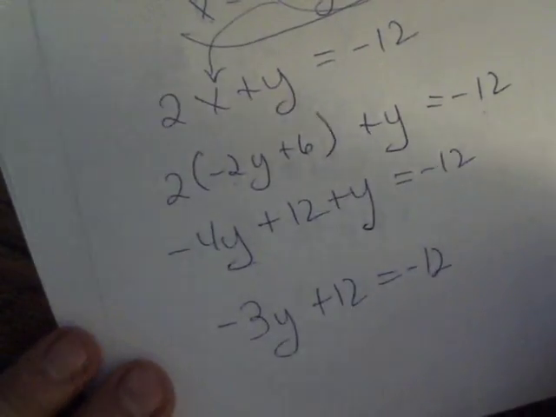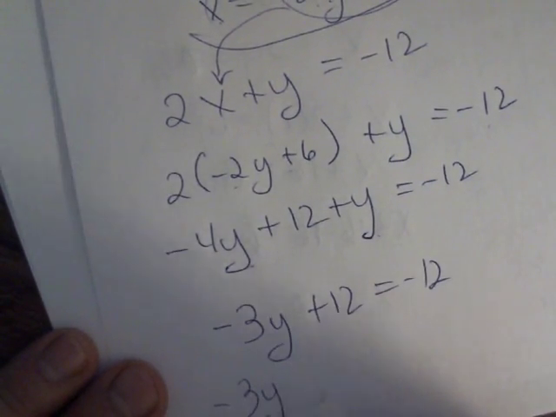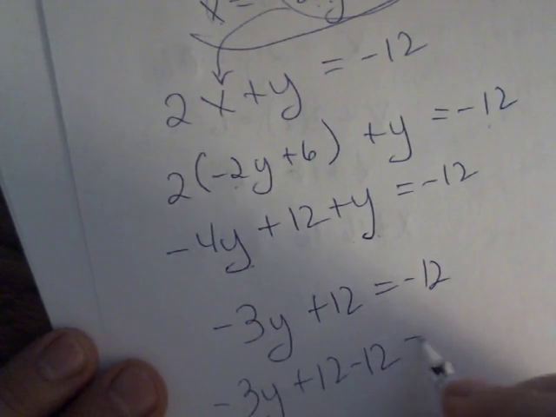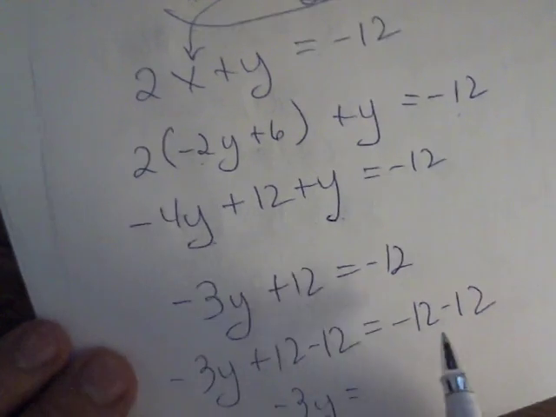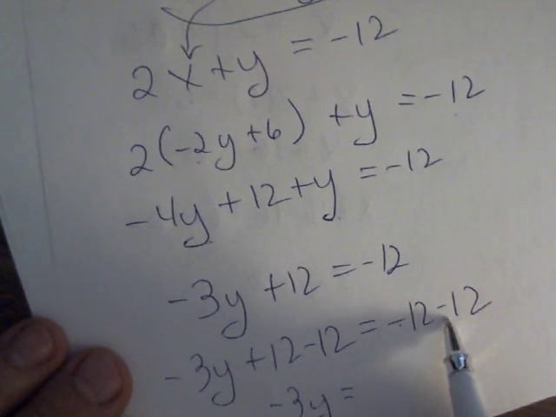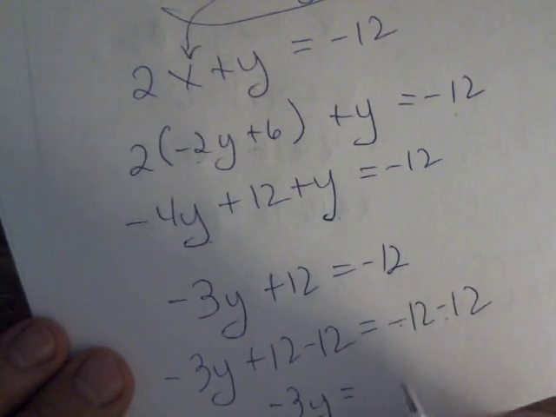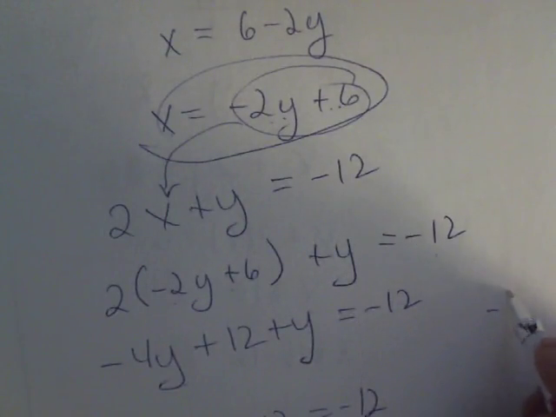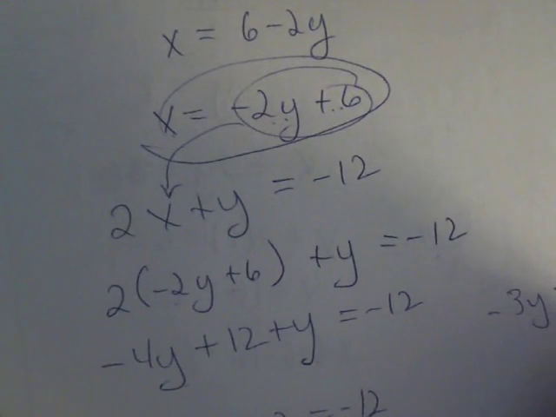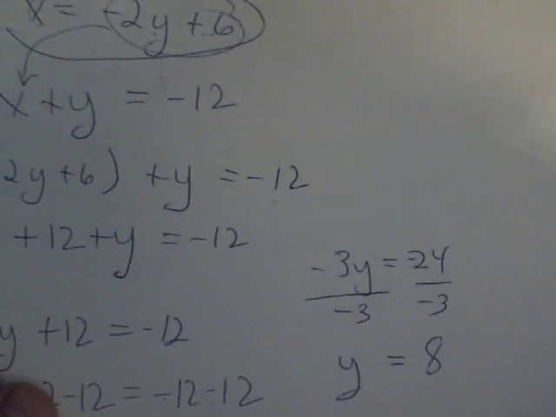Be careful here, because when you subtract 12 from both sides, negative 12 minus 12 is not 0. Just think about it. You're taking negative 12, moving left 12 places, so you're kind of like adding another negative to it. That gives you negative 24. Divide both sides by negative 3, and y is 8, which is what we got doing the elimination method.